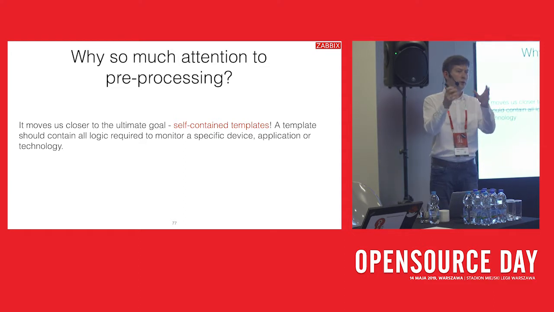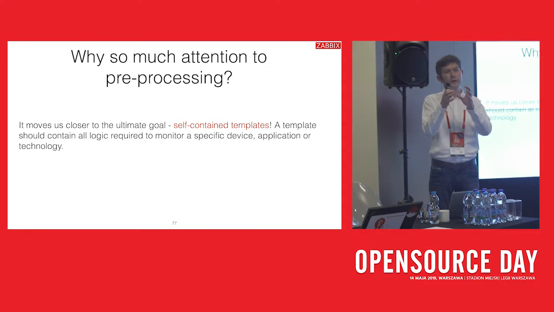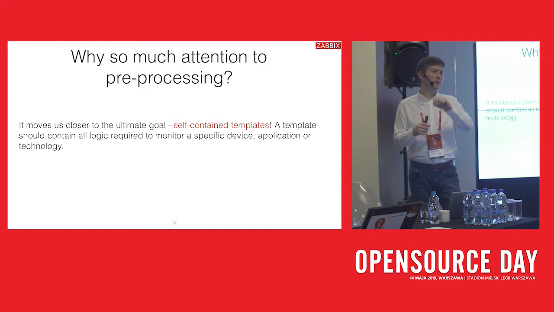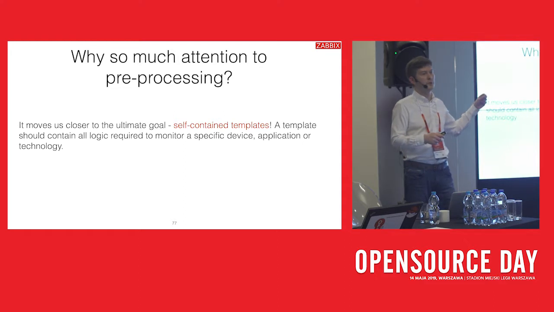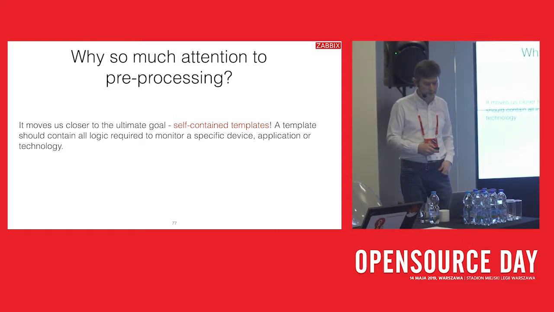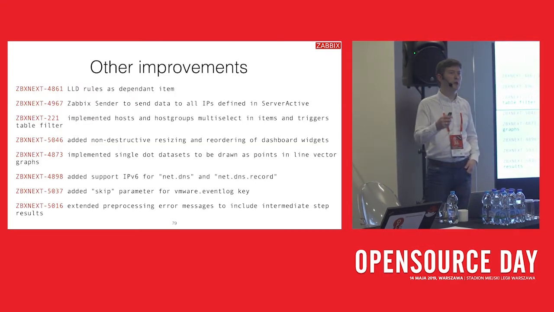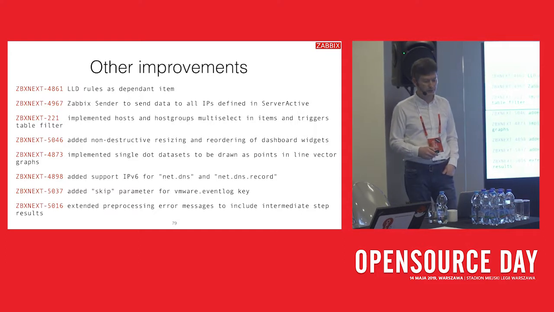You want to monitor Docker, or memcached, the template should contain all the logic to do this job. And with this extensive use of preprocessing and the enhancements we made for preprocessing, this goal gets closer and closer. And there are a number of other improvements. Please have a look at the changelog of Zabbix 4.2.